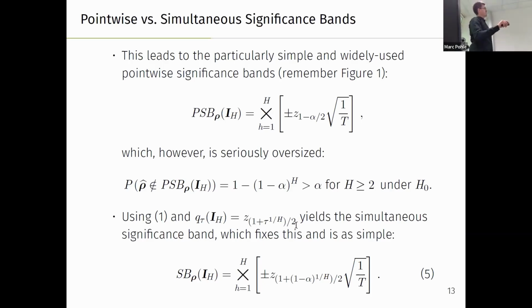So this is the pointwise band I showed you in figure 1. And here, because of independence, you can calculate the exact amount of oversizing, and it's pretty tough oversizing. We'll have a plot later on. So this band is essentially useless, I would say.